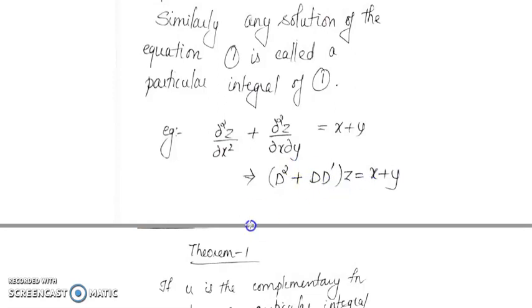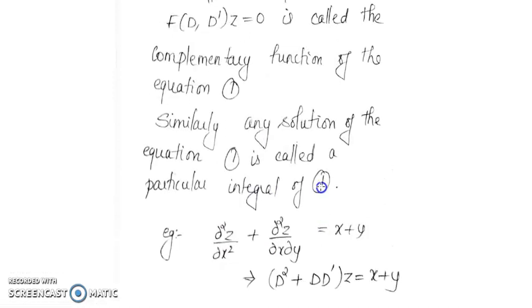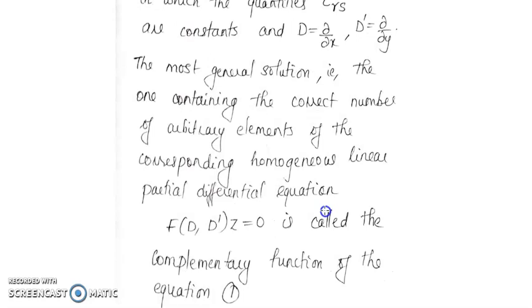So the equation can be put in the form D square plus D D dash z equal to x plus iy. This involves constant coefficients, since the coefficients of D square and D D dash are constants. That is how we denote a PDE involving constant coefficients.